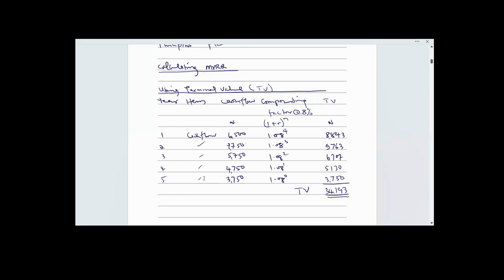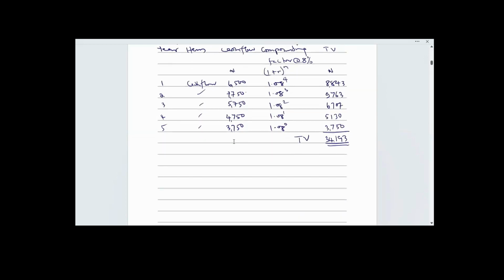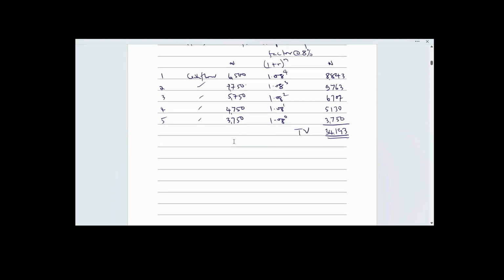Now that I have the total terminal value, the second step for me to do is to calculate the present value of cash inflow. Remember, there are 3 stages when you are calculating modified internal rate of return using terminal value. The first step is to calculate the terminal value of positive cash flows. The second step is to calculate the present value of cash outflows.